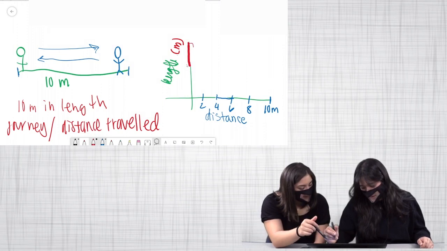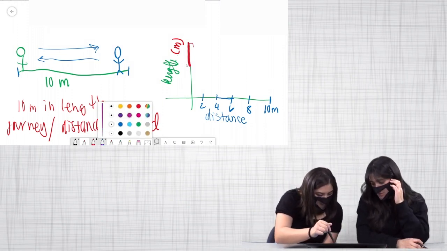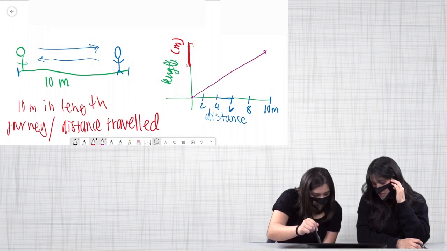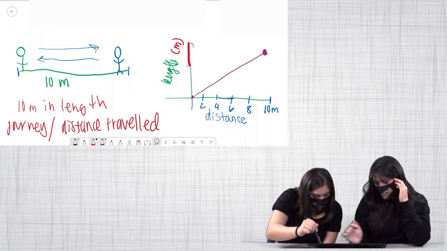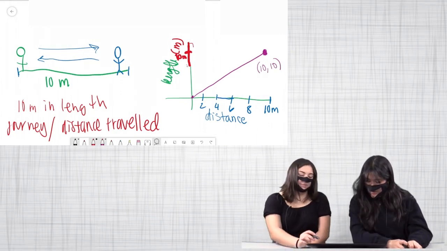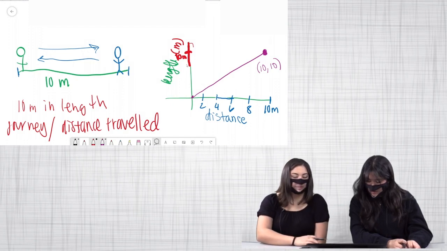You would start at 0, travel like this, and then this is your end point at 10, because you've traveled 10 meters in distance, and you've traveled the entire length, the 10 meters of the walkway.